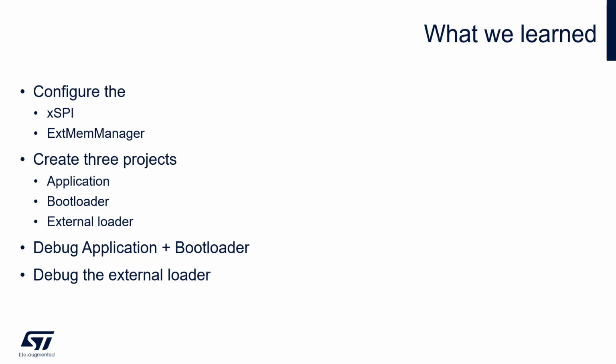This is only a one-time thing for a specific device, a specific board and the memory. So in case you change the device or the pinout on the board or the type of the memory, you need to create a new bootloader and a new external loader for this combination. So this is all from the hands-on, and we will move to hands-on exercise number 2.